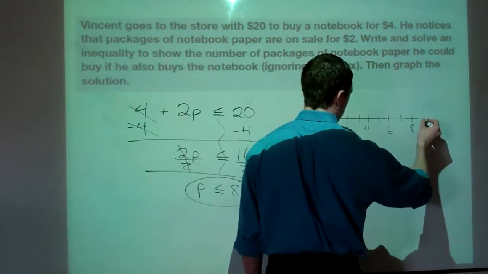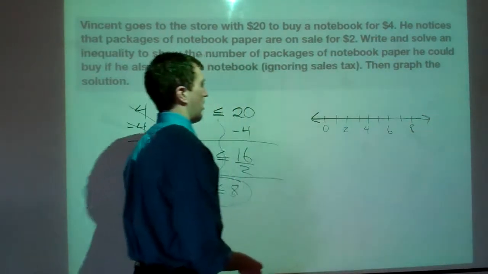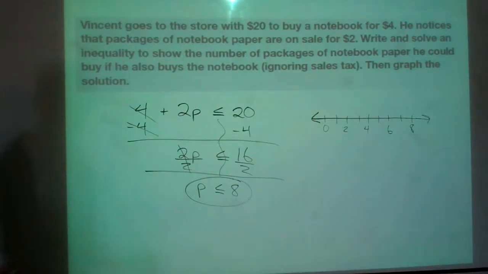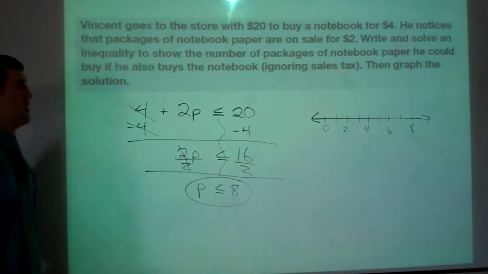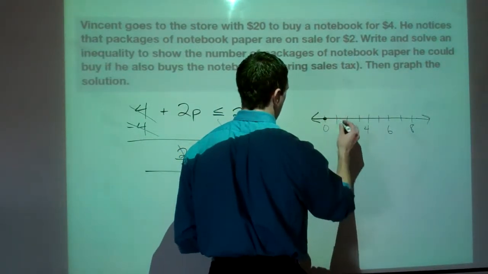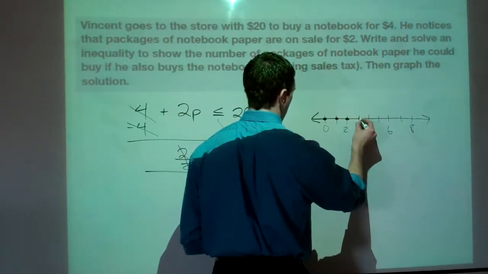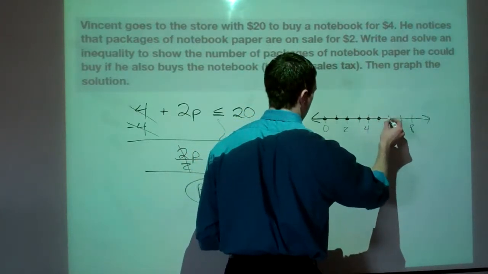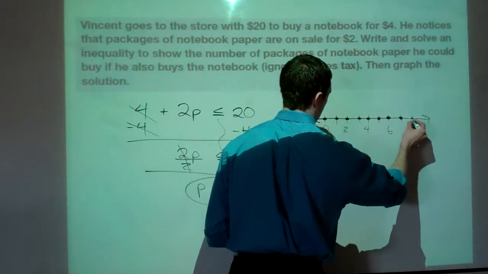Going up by 2s just to save room. Alright, it's not saying he's going to buy 8 packages of paper. He could buy anywhere from 0 to 8. All we know is that he is going to buy a notebook. Okay, so he could get 0 packages. He could get 1, he could get 2, 3, 4, 5, 6, 7, or 8.